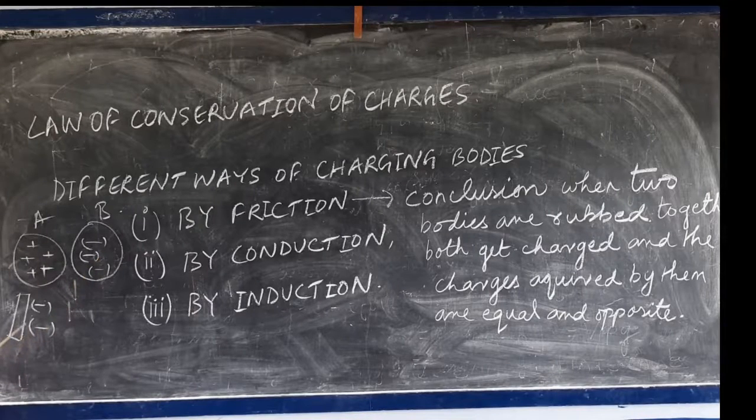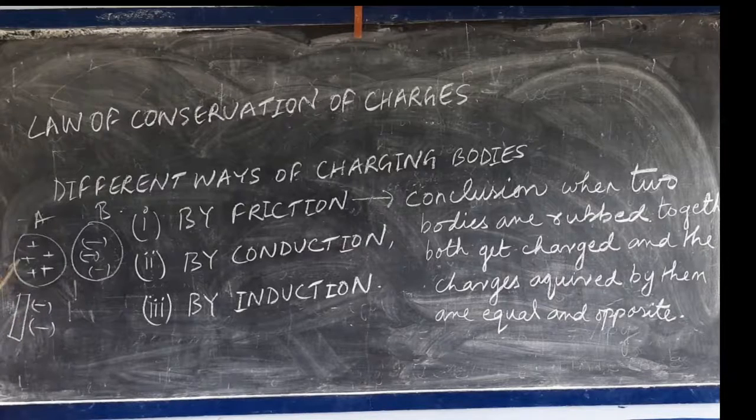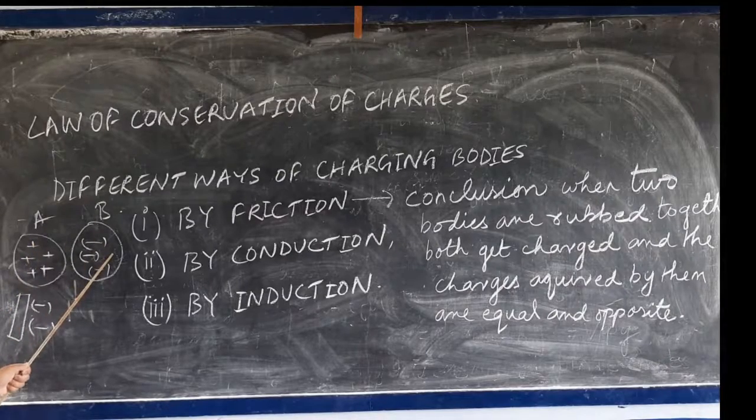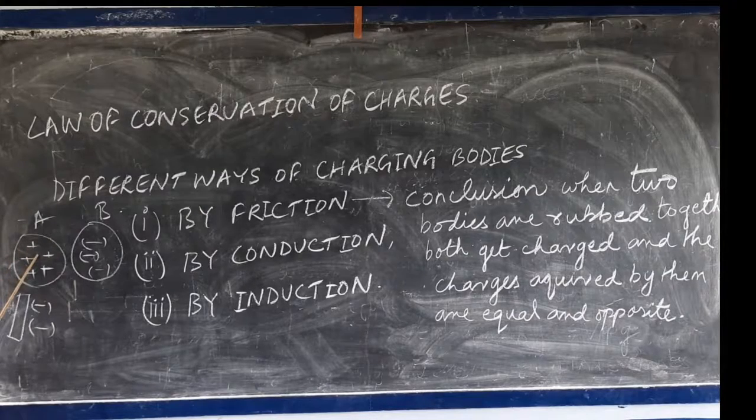So how it happens is that when you bring the ebonite rod nearer to sphere A, the electrons present on sphere A will move towards B. Your A will become deficient of electrons, and therefore A will become positively charged.